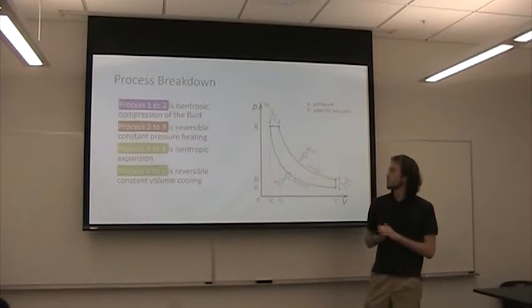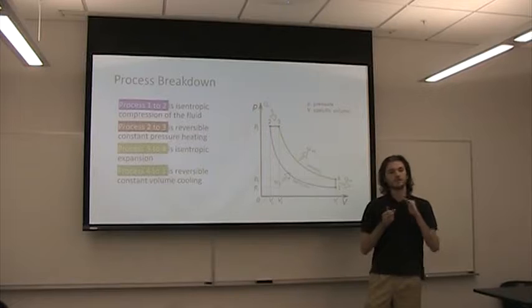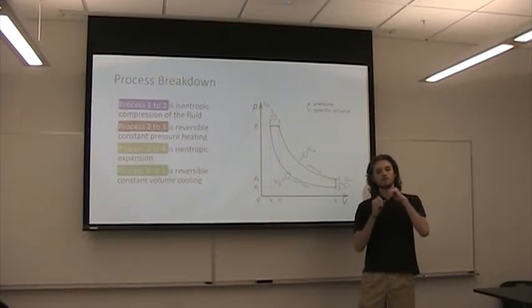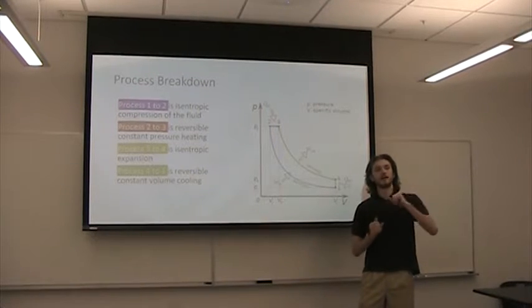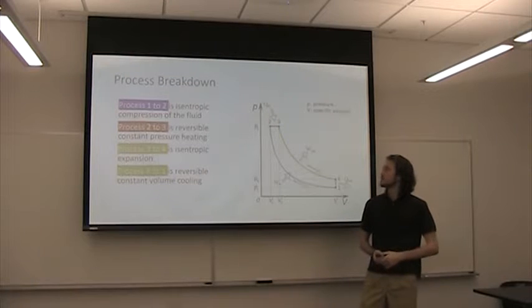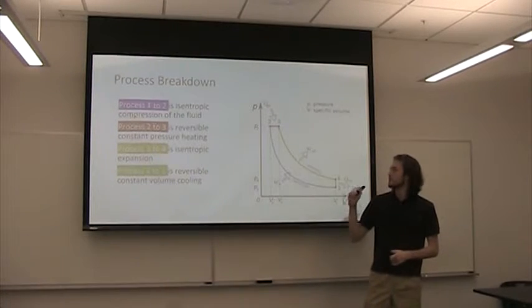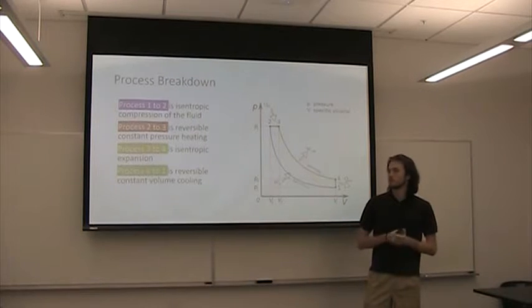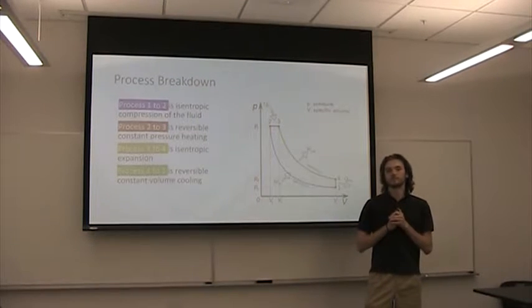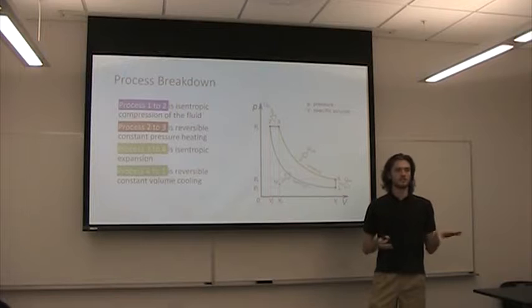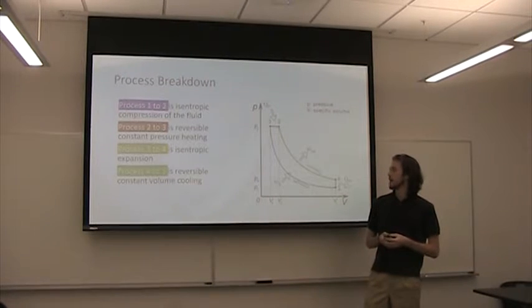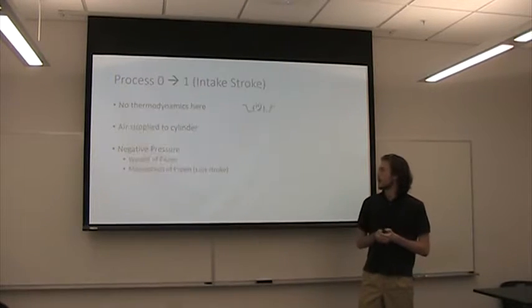And from 3 to 4, we assume isentropic for the expansion of the energy released after the explosion. And from 4 back to 1 is the ejection, which is the exhaust. And we assume that to be reversible.